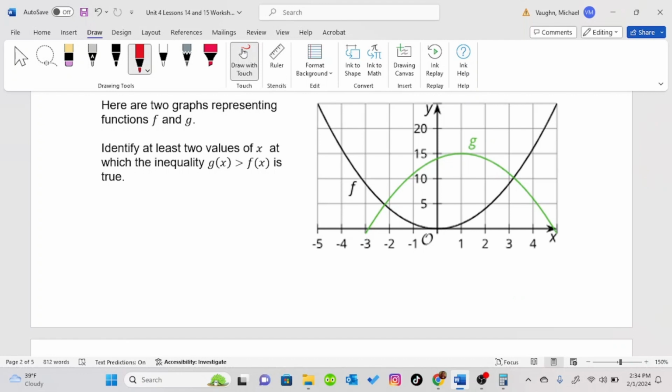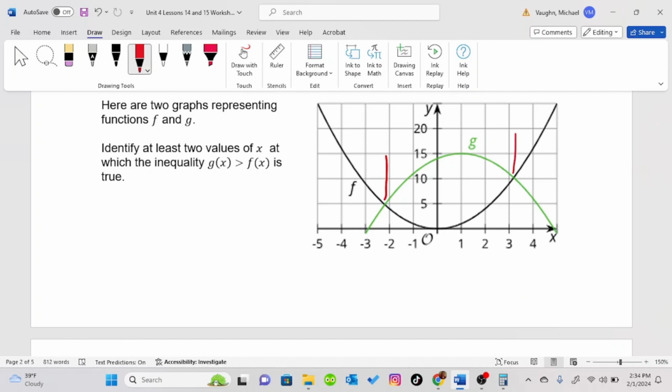So if I want g of x to be greater, that means I want the y value of g of x to be greater. So anywhere between here, where they cross, and here, where they cross.